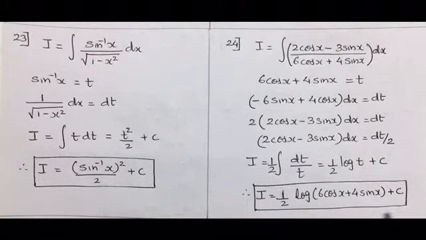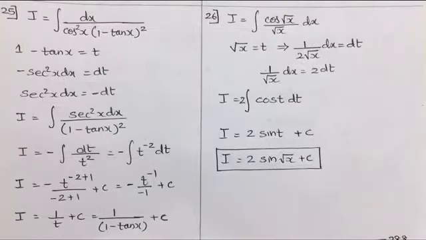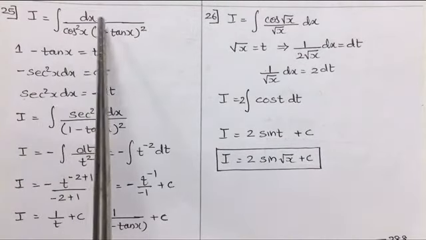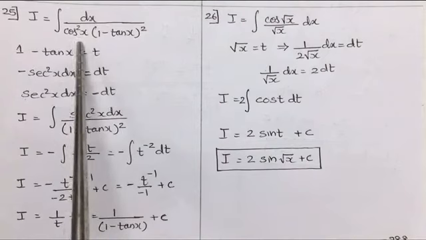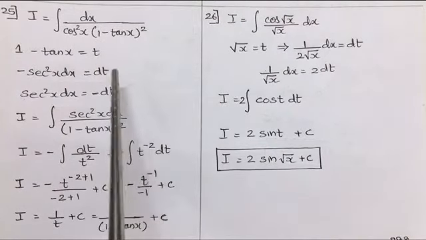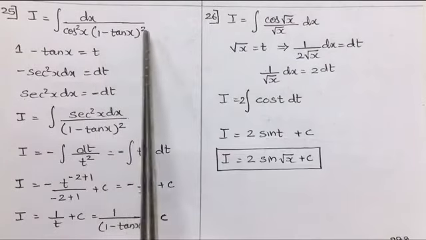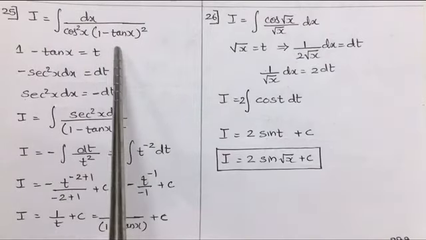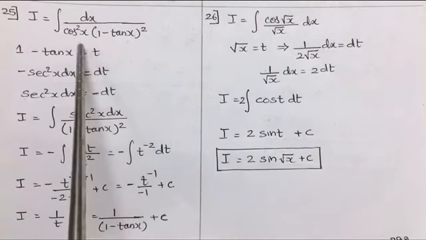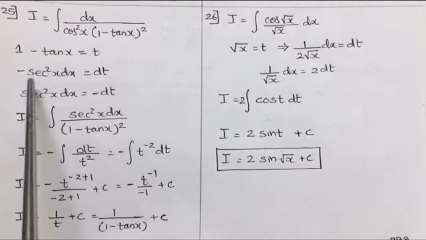The 25th one is I is equal to integration dx upon cos square x into 1 minus tan x whole square. Now again we don't have any standard integration for integrating this function.